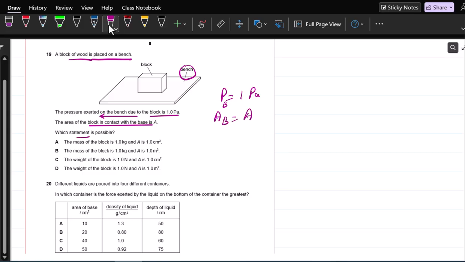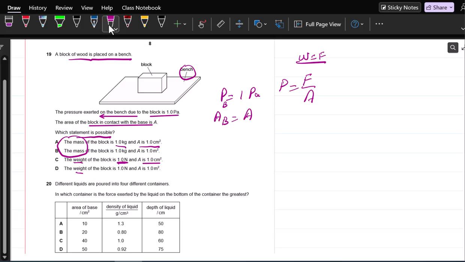Which statement is possible? So we know pressure is equal to force over area. Mass of block is 1 kg and area is 1 meter. So mass is not going to be there, because I can see in options C and D weight is given. Weight is force. So the weight of the block is 1 Newton and area is 1 centimeter square.